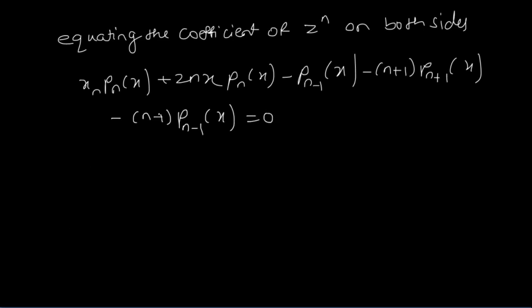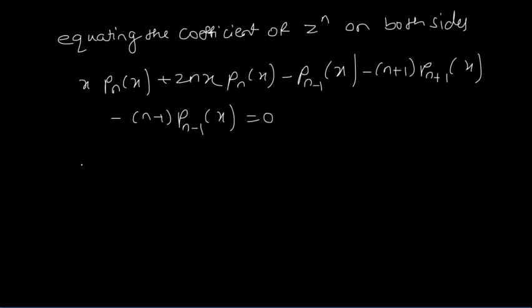Okay, so now taking the same terms common. So here this is x, then taking Pn of x common wherever it appears 2 times. So one Pn of x is here and one Pn of x is here.